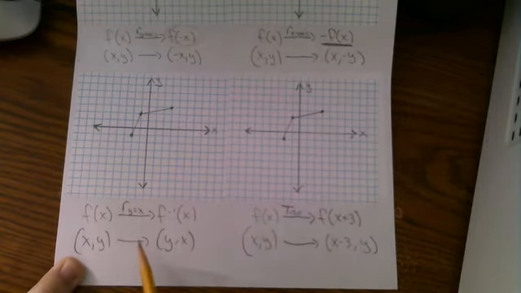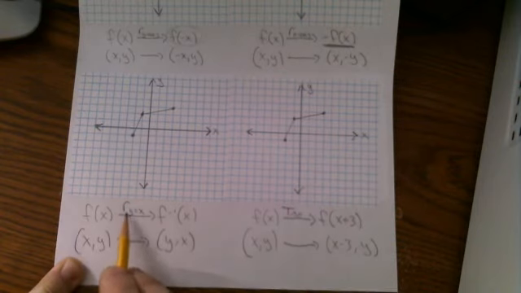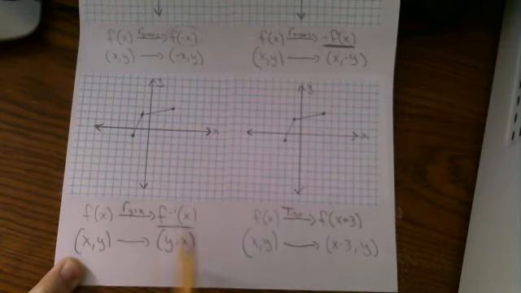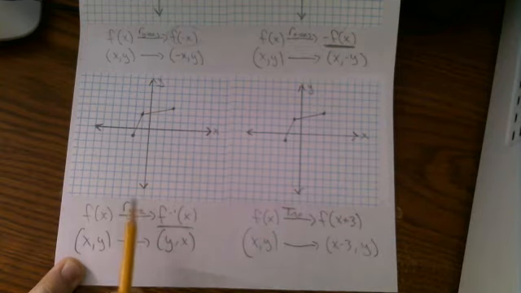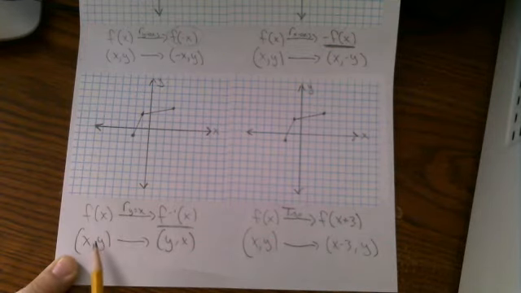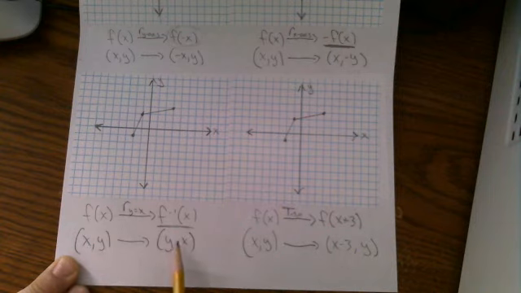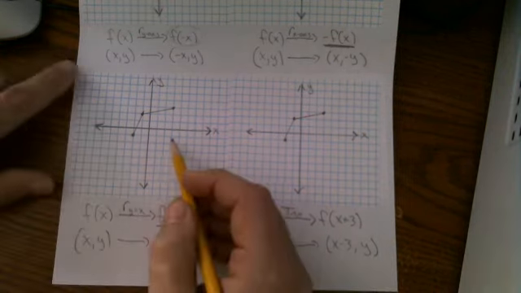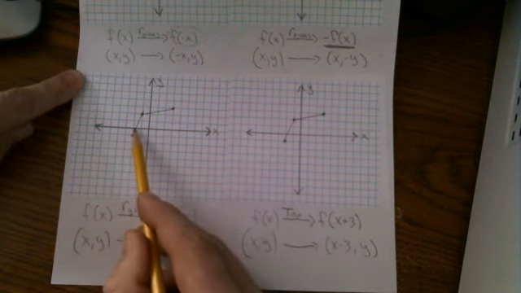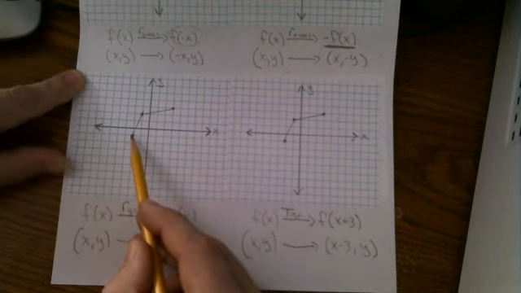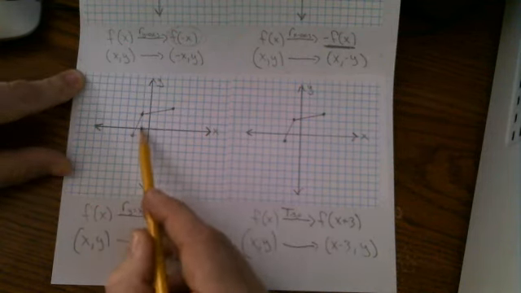So now that you've completed those, the reflection over the line y equals x, you need to recognize f inverse of x as your cue to reflect over the line y equals x, which means any ordered pair x, y is just a switching of the x and the y. So this was the ordered pair negative 2, negative 1, which means we'll have negative 1, negative 2.